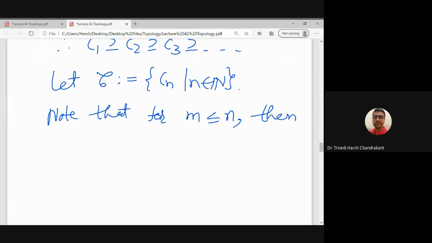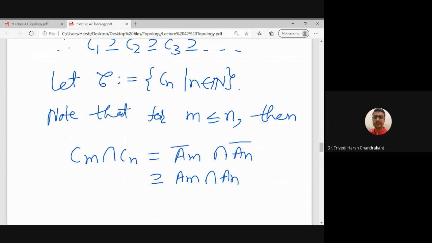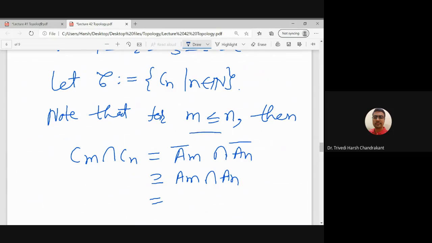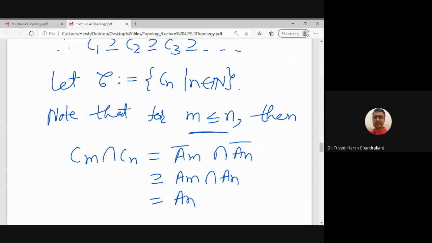then the intersection of Cm and Cn, where Cm is Am closure and Cn is An closure. We know that Am closure contains Am, An closure contains An, and when we take the intersection of Am and An, where m is less than or equal to n, this intersection will be An, right?